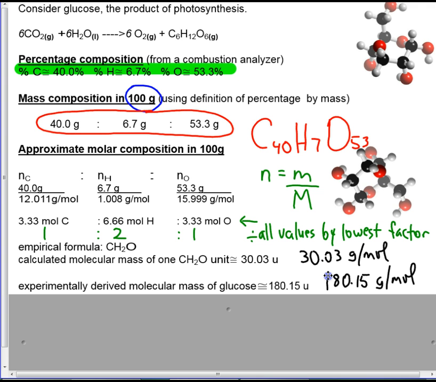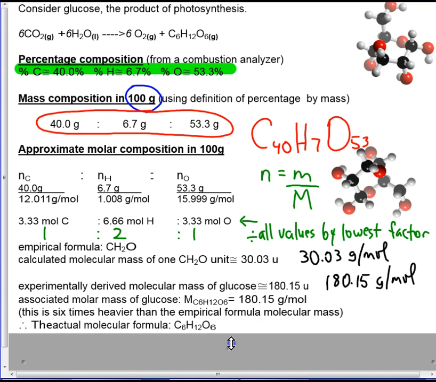We're now able to see that the actual molecule has a molar mass which is 6 times heavier than the empirical formula molecular mass. And because of that, we need to adjust the coefficients for the empirical formula to come up with our molecular formula.